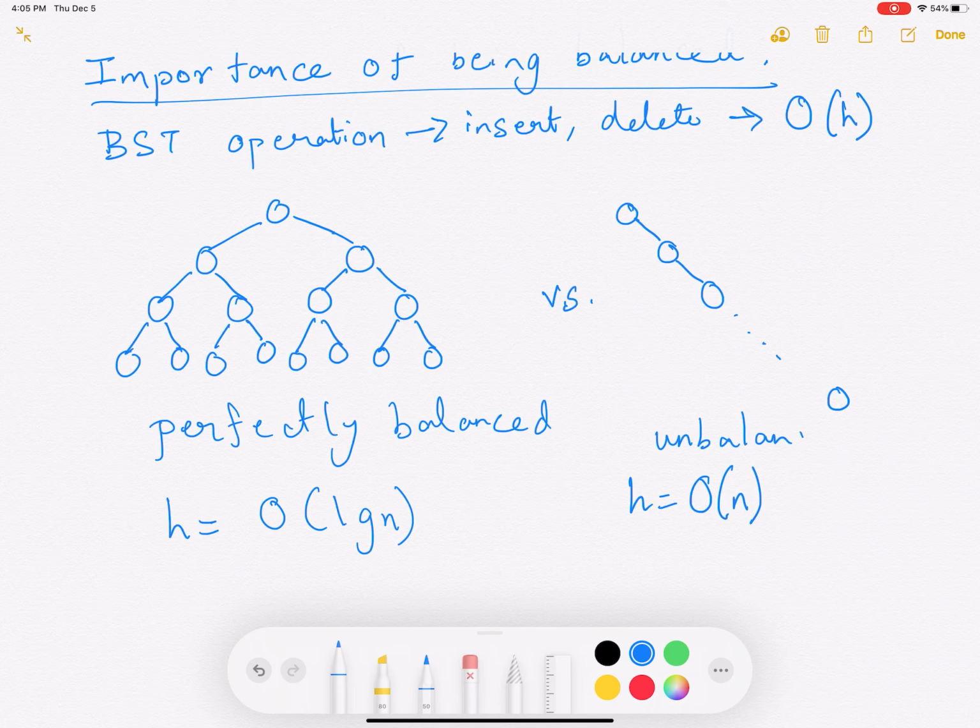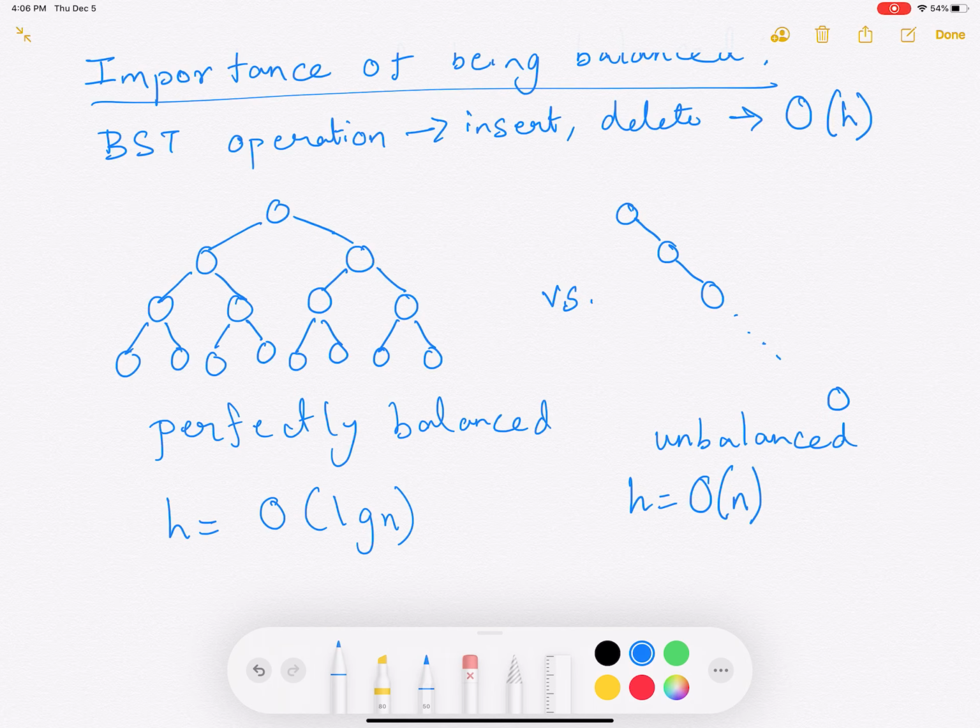Actually, it's very badly balanced, but it is an unbalanced tree. With this kind of imbalance, the height will become n. So it's basically similar to a linked list in this case, and a binary search tree is not very useful. You don't have the height to be log n, so it's not balanced, and all your insertions and deletions would now take O(n) time.